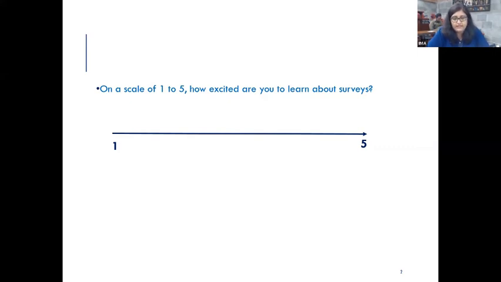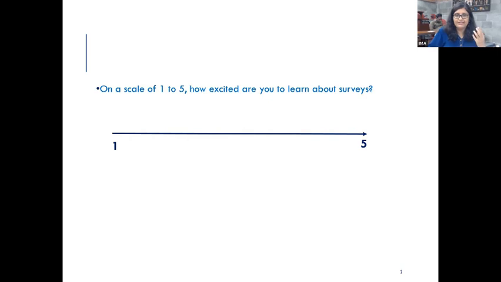Now, let me take a guess. You assume that 5 is either most excited or not at all excited, right? It's not written here. You just assumed that since it's 1 to 5, and I'm hoping by 5 you assume that you are the most excited, otherwise you won't be here. You assume that there's a correlation between the value of the number and the level of excitement you have.